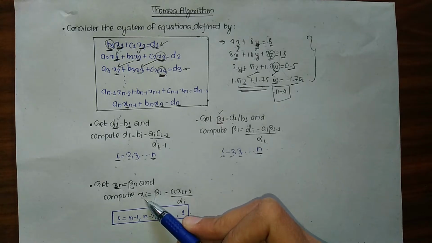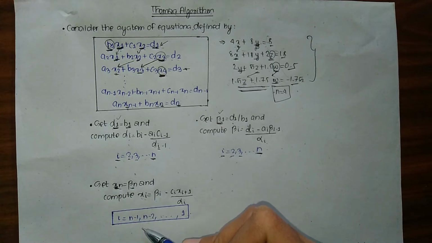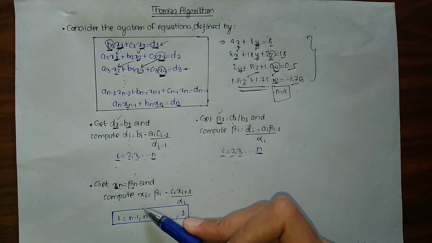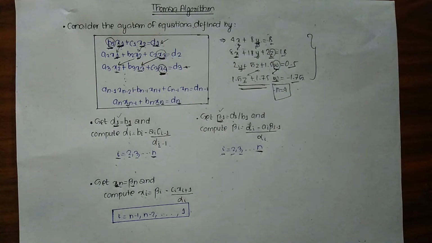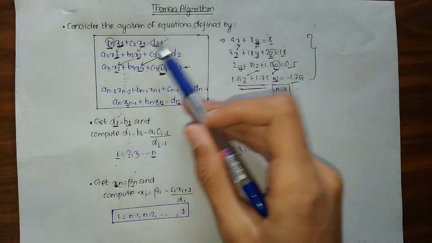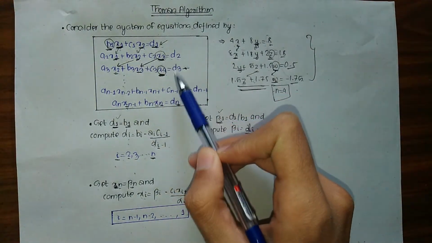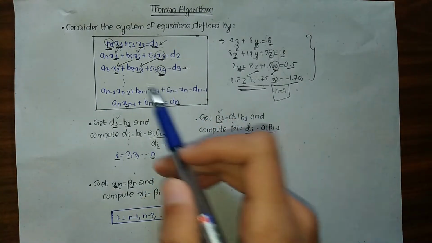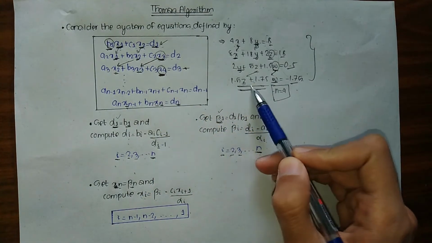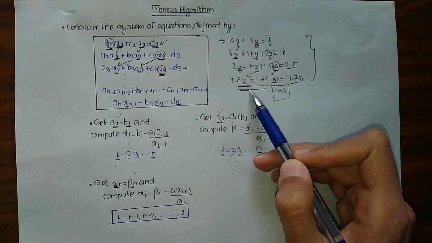So first we will calculate x3, then x2, and we'll go till x1, and our x4, x3, x2, and x1 will be our solution to this system. So I have basically explained what the Thomas algorithm is, what its procedure is, and when it is used. Now we'll jump on to solving our worked example to make our concept clearer.